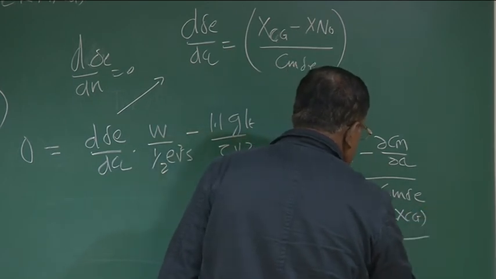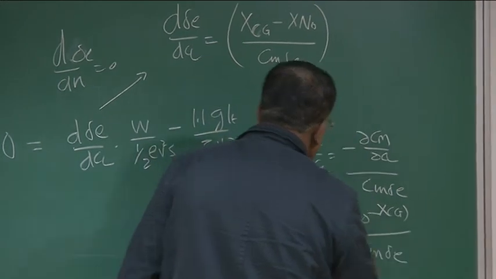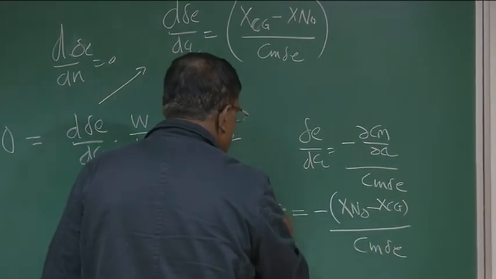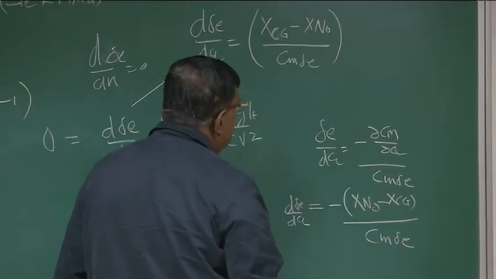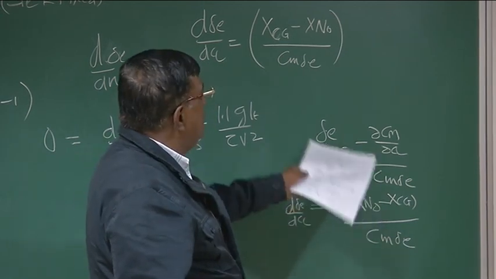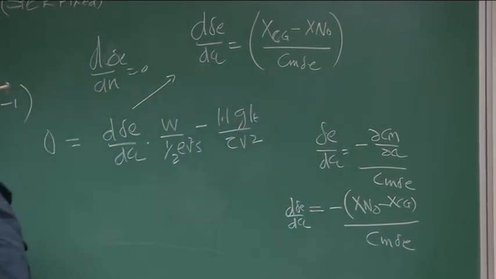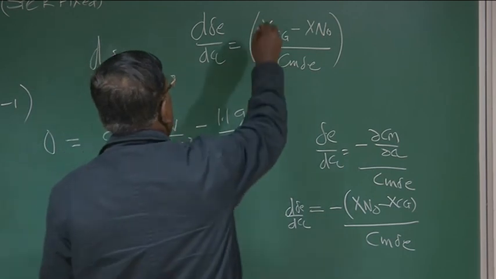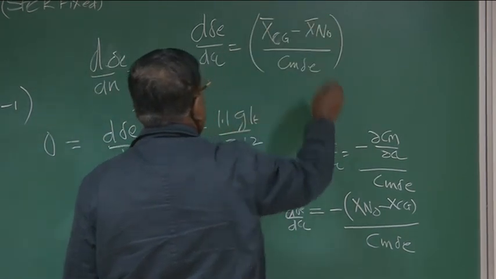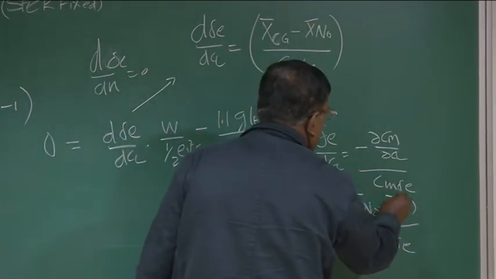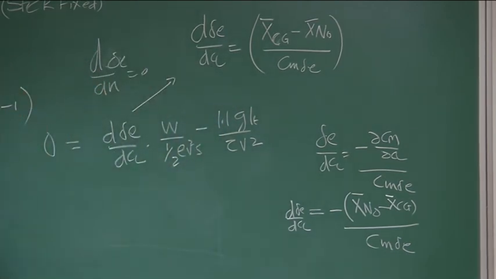This is divided by Cm delta E, so this is d delta E by dCl, which I have written, taking the sign appropriately. And of course these are all non-dimensionalized with the chord, so I put a bar. Always I put the bar with the understanding that these are non-dimensionalized with the chord.